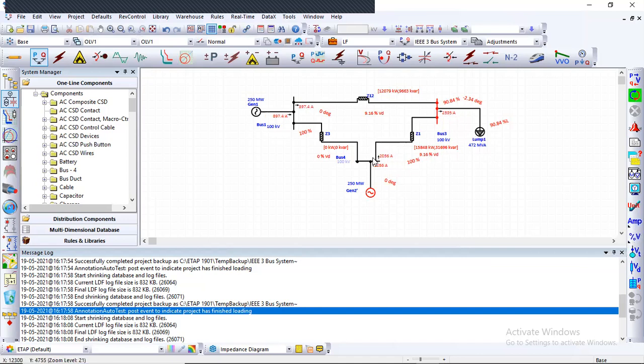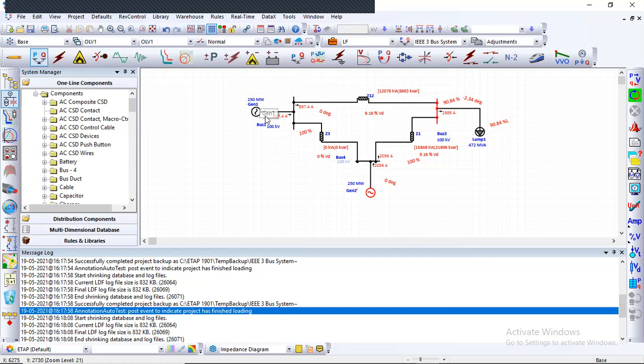Similarly, the ampere rating: how much ampere can flow from this particular line, as a bus bar of the transmission line, and as a bus bar of the generator to the bus bar, that particular ampere you can find from this model.